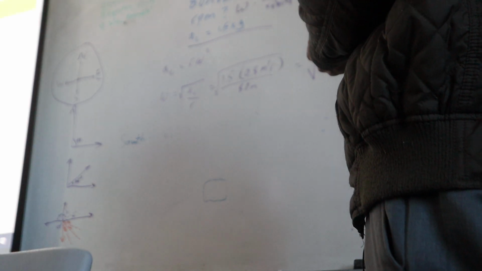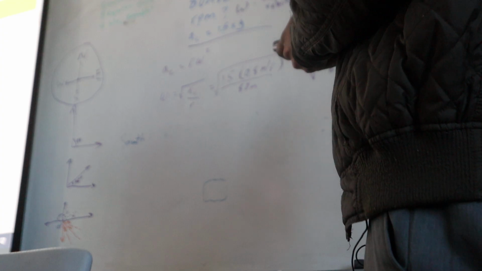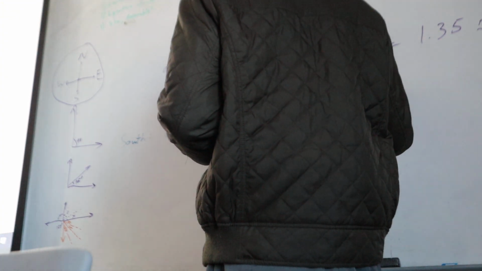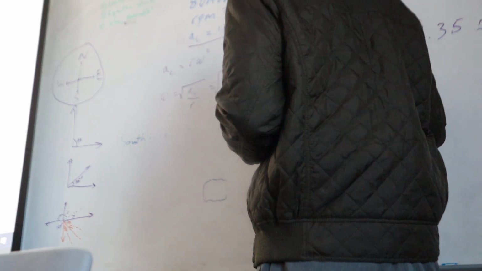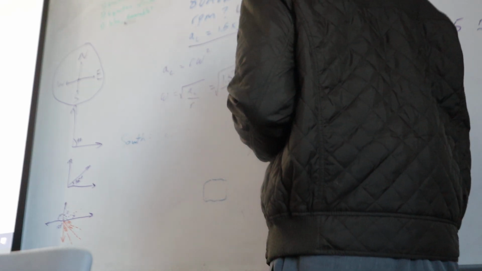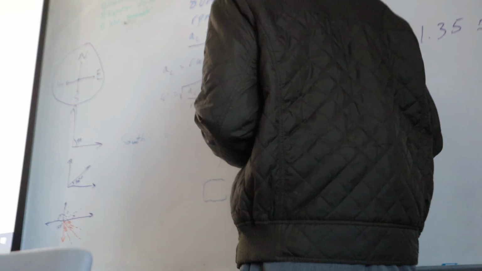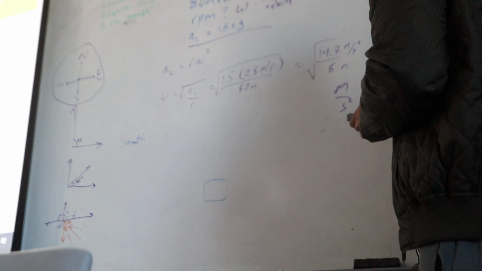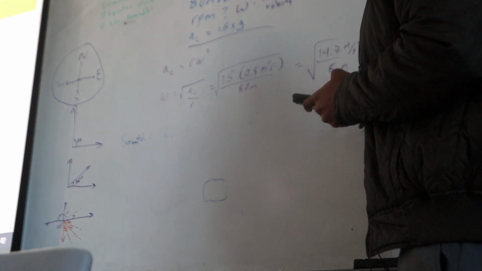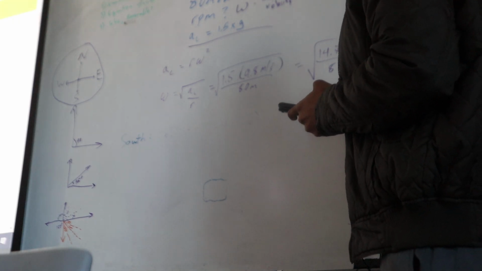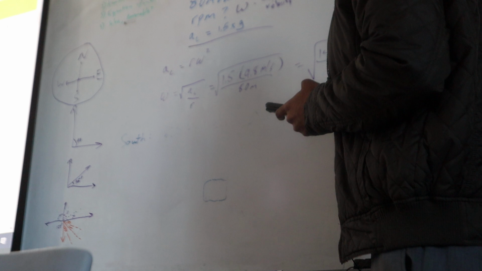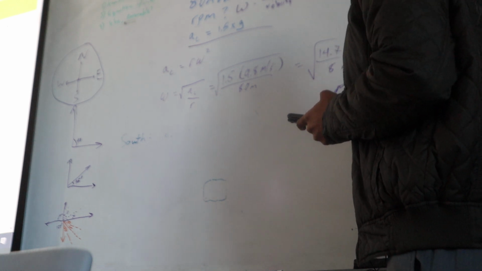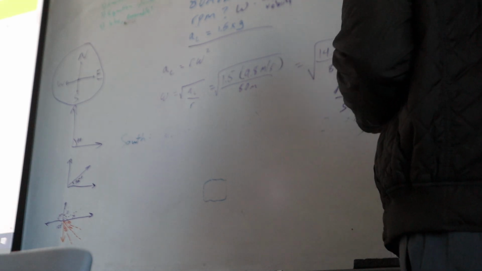So then we get this 1.35. Make sure our units are right. Meter per second squared, and then that's 1/m. So the m's cancel out, and I get 1/s. Since it's got the square root, the square goes away too.